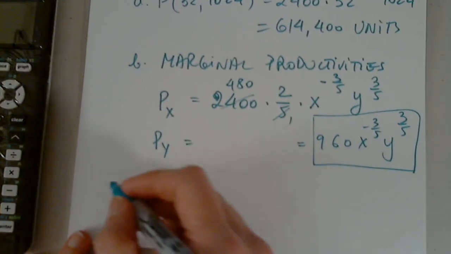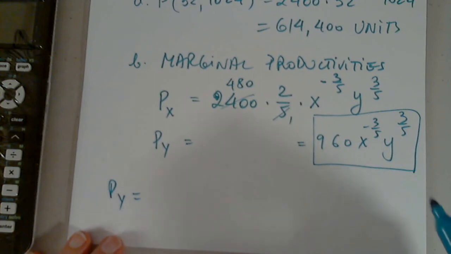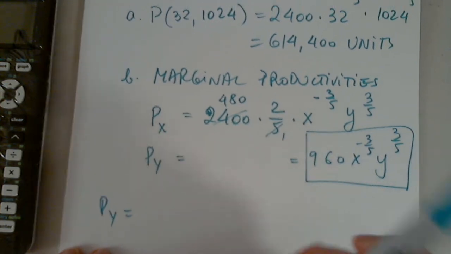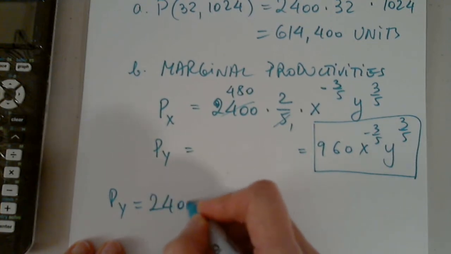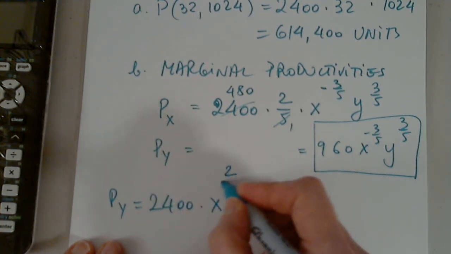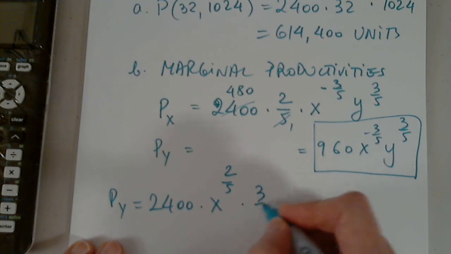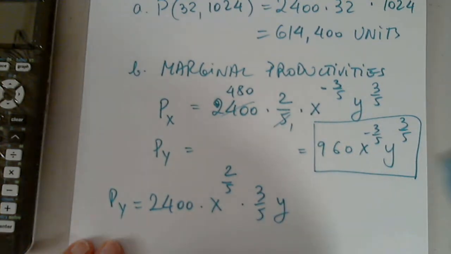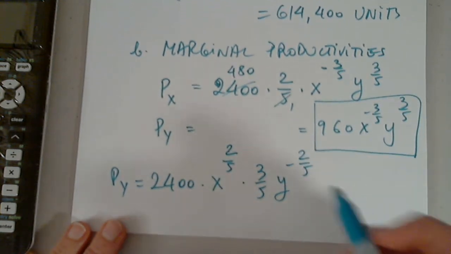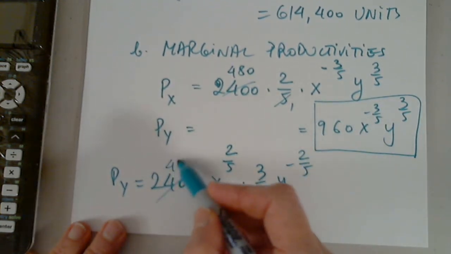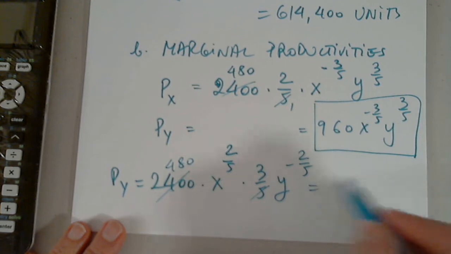Okay, Py. I will differentiate with respect to Y, keeping X fixed. So then 2400 multiplied by X to 2/5 times 3/5 times Y to 3/5 minus 1, which is negative 2/5. I will simplify again. I get the same thing, 480, but this time I have to multiply by 3.